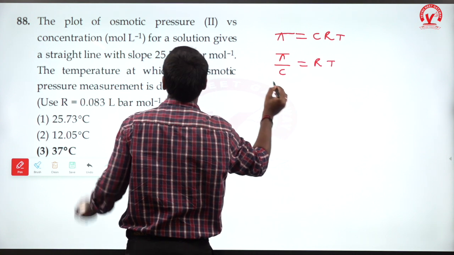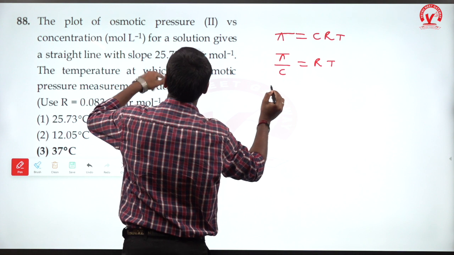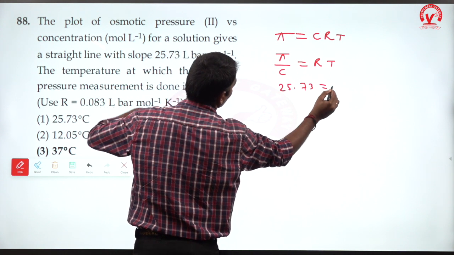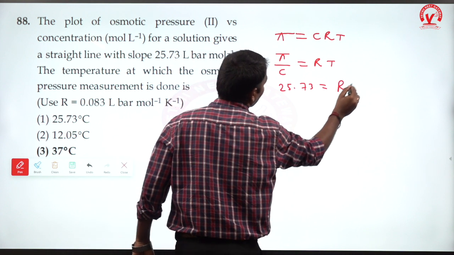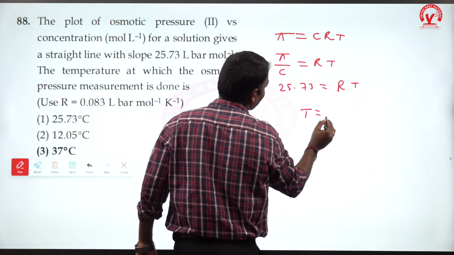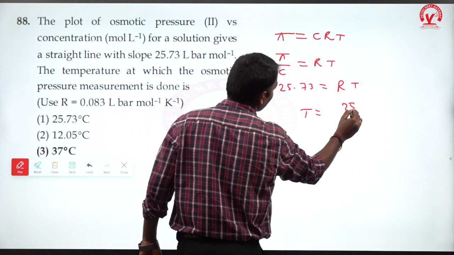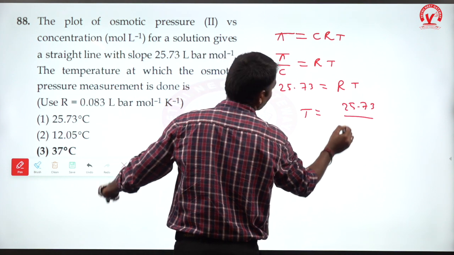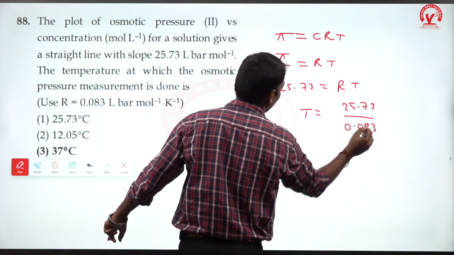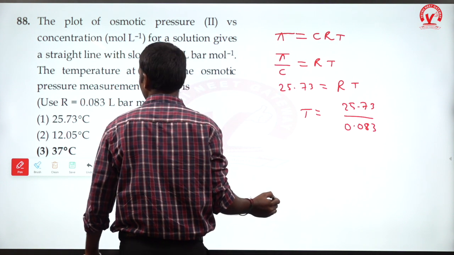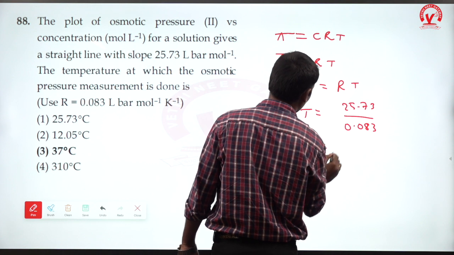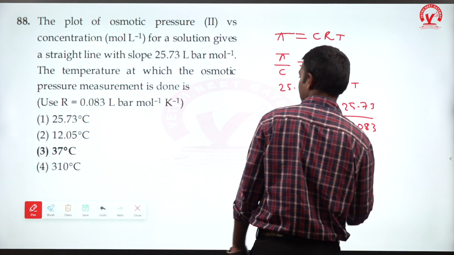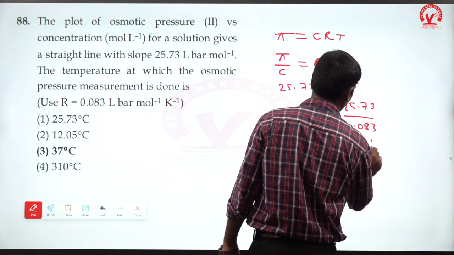Pi by C value they gave here with the slope, straight line slope 25.73, which is equal to RT, right? They are asking to find T is equal to 25.73 divided by R value, 0.083, right? So if we simplify this, we will get 310 Kelvin.